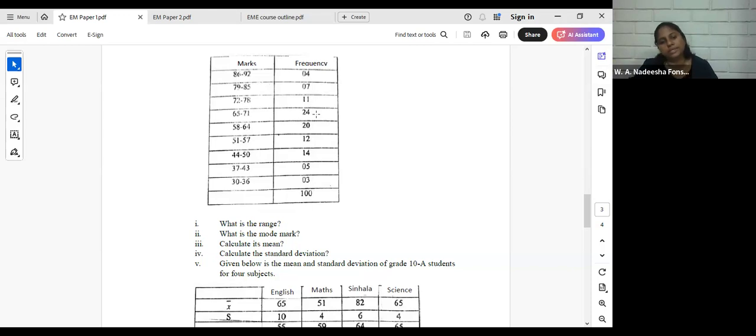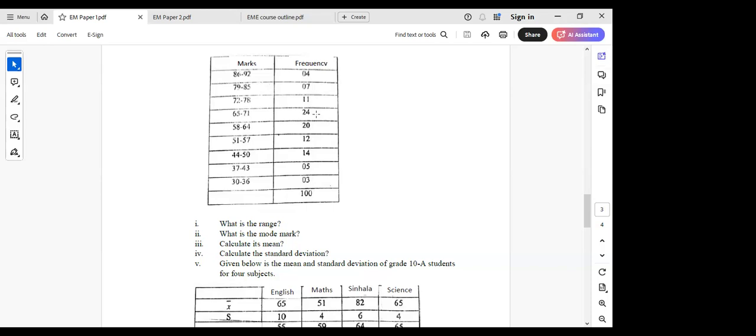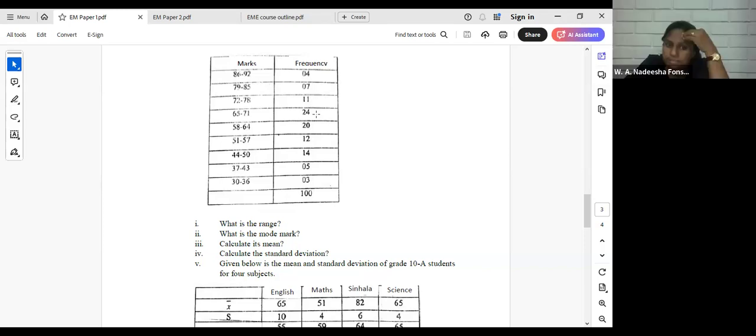Then calculate its mean. We have to find the mid value. The first step is we have to find the mid value.